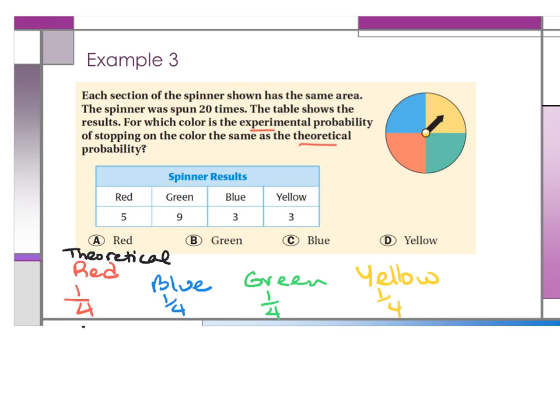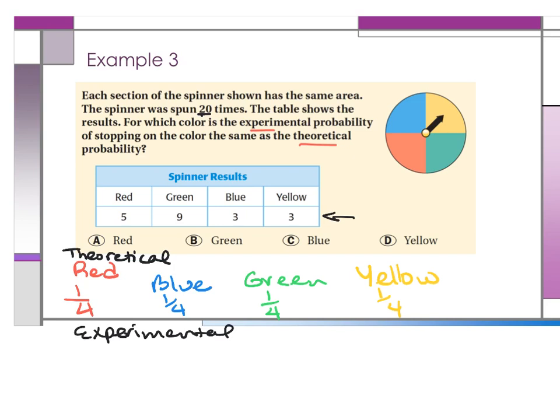Now we're going to do the experimental probability based on the information in our chart. They told us that the spinner was spun 20 times. Now I could also go back and add up these numbers, but they told me in the problem that it's 20.